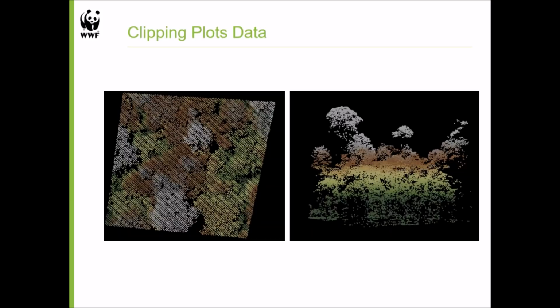Here we can have an image of the LiDAR cloud clipped on a parcel, one of those parcels that I showed before. As you can see, the trees inside the canopy, inside that small cloud.